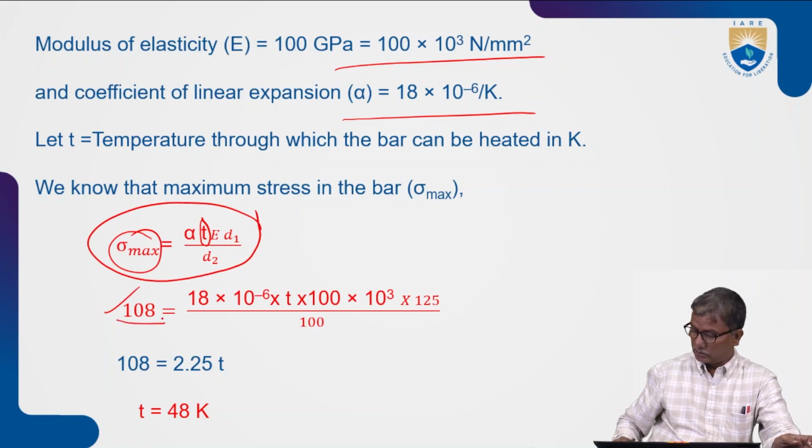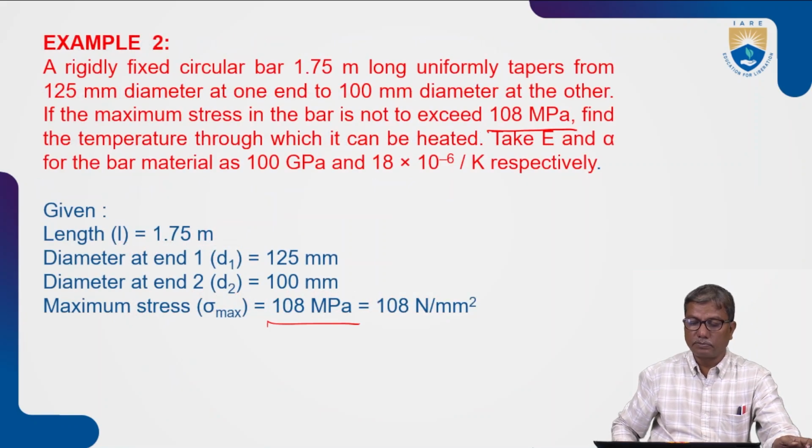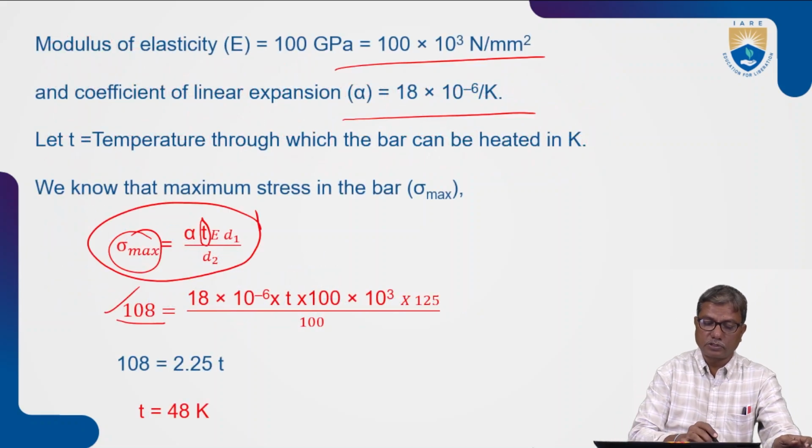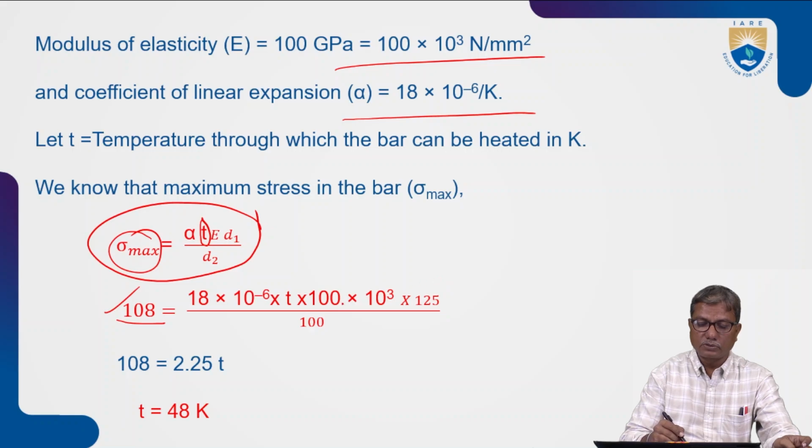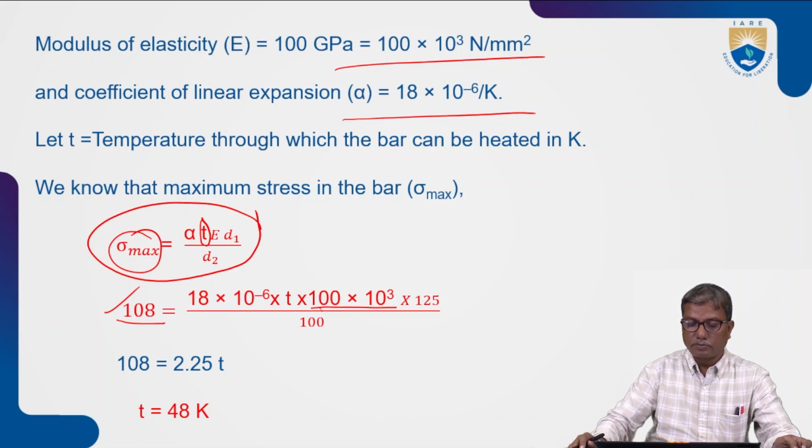This is in megapascals, that is Newton per mm square, so you have to substitute the values in the same units on either side. 100 into 10 cube Newton per mm square is the E value.